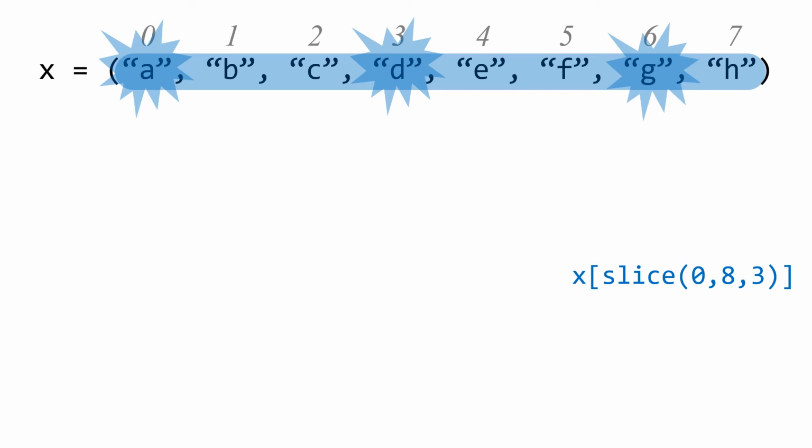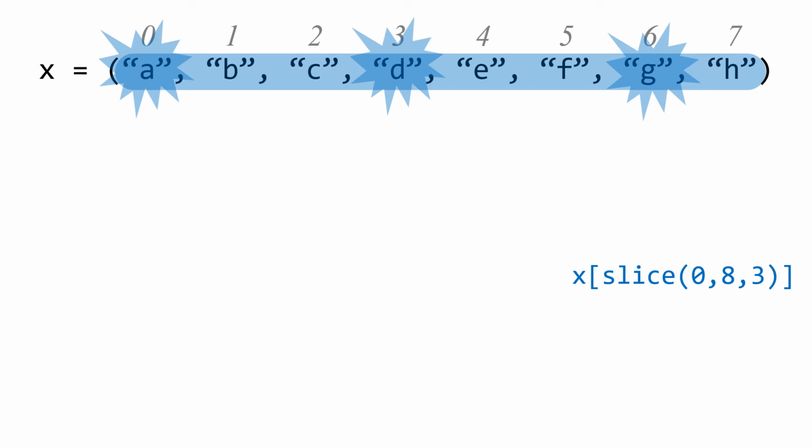Okay. So we started from the start position, that is 0, and we were finding the output elements until index number 8. So when we are finding the output elements, we were moving 3 steps.